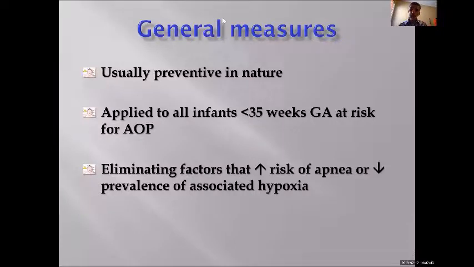The general measure is more preventive than treatment. And most babies less than 35 weeks will need these measures. With general measures, we are also trying to eliminate all the risk factors that increase apnea and decrease the hypoxic events.